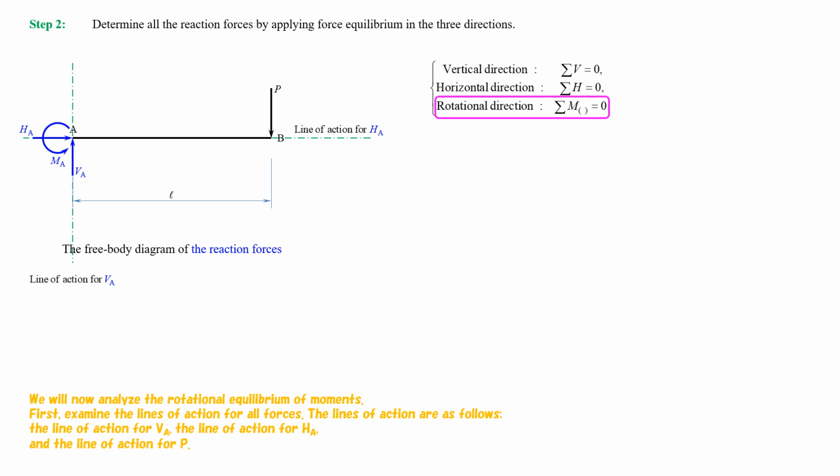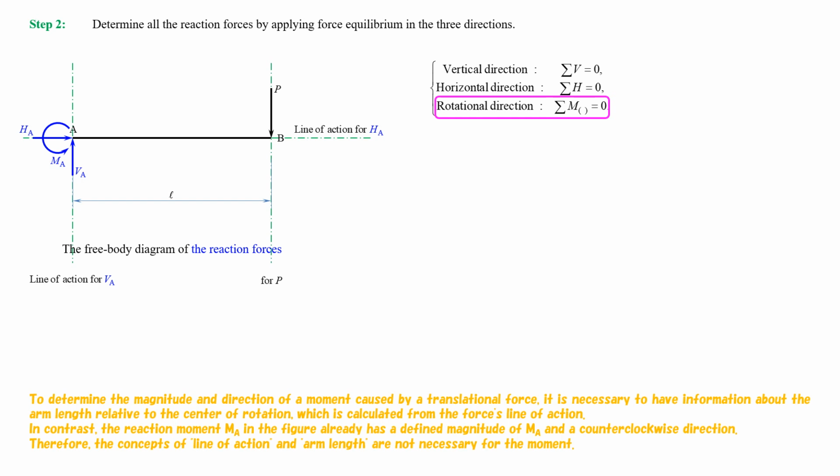And the line of action for P. To determine the magnitude and direction of a moment caused by a translational force, it is necessary to have information about the arm length relative to the center of rotation, which is calculated from the force's line of action. In contrast, the reaction moment, MA, in the figure, already has a defined magnitude of MA and a counterclockwise direction. Therefore, the concepts of line of action and arm length are not necessary for the moment.